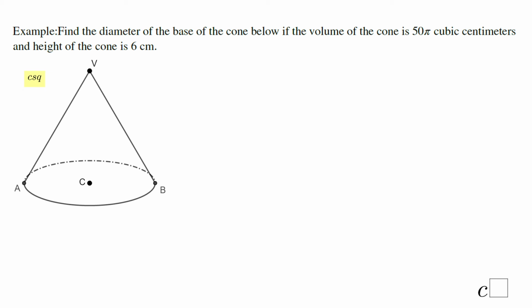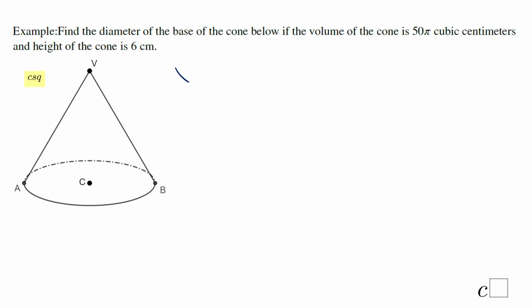In my next example, we have a cone, and we need to find the diameter of the base of this cone. If the volume of the cone is 50 pi cubic centimeter, and the height of the cone is 6 centimeters.